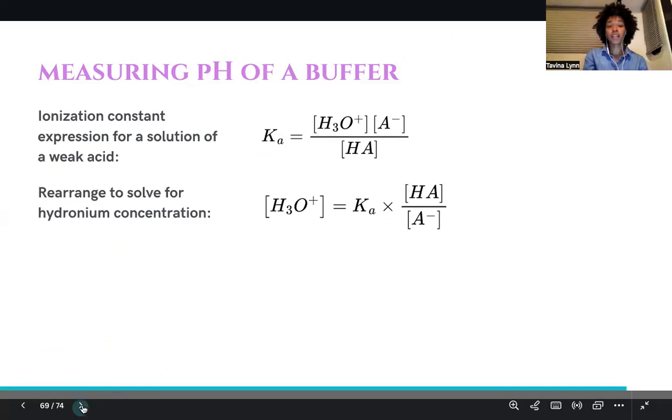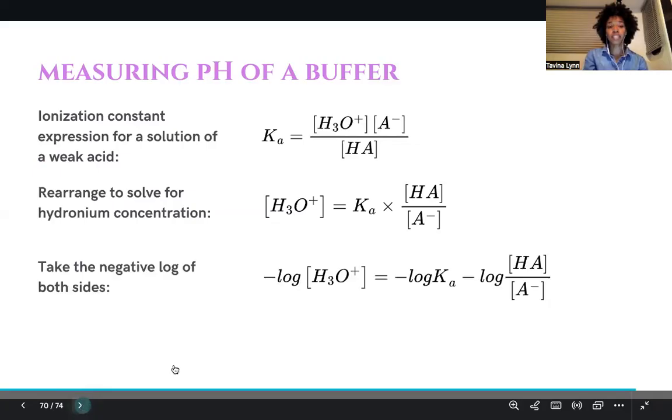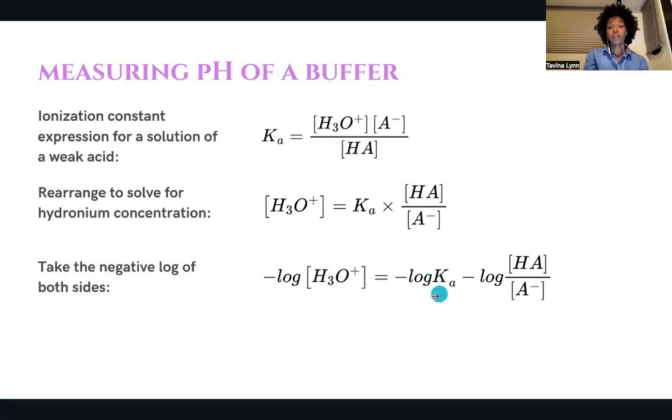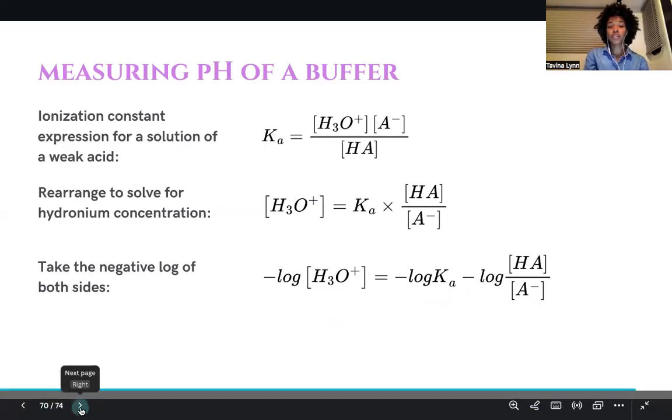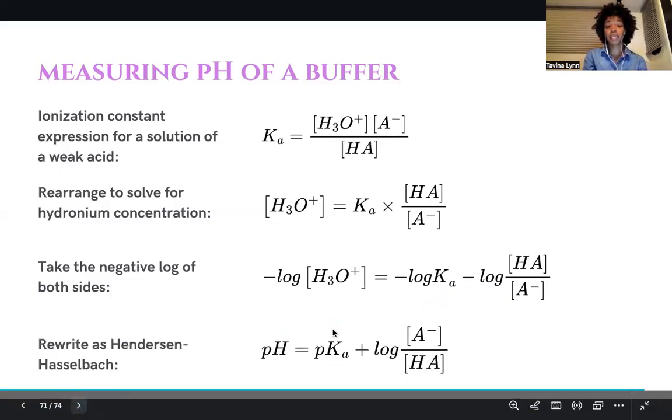Then if we take the negative log of both sides, we have the negative log of our hydronium ion concentration equals the negative log of our Ka minus the negative log of the ratio of our acid to its conjugate base. You may notice the negative log of our hydronium ion concentration is just our pH.